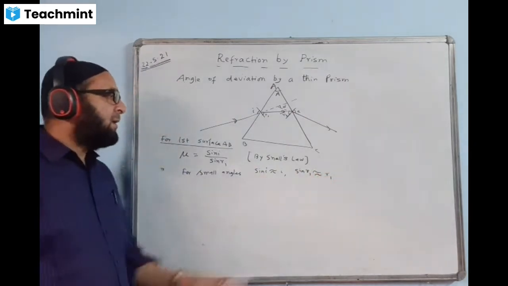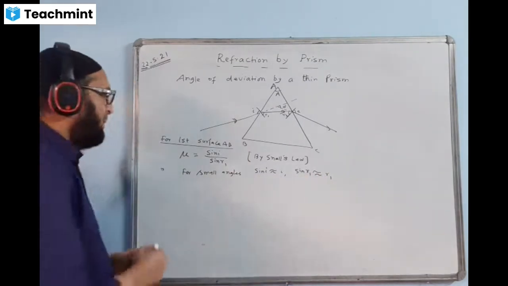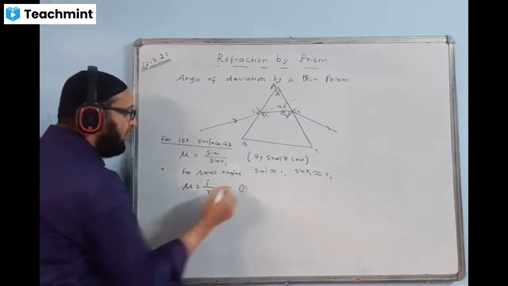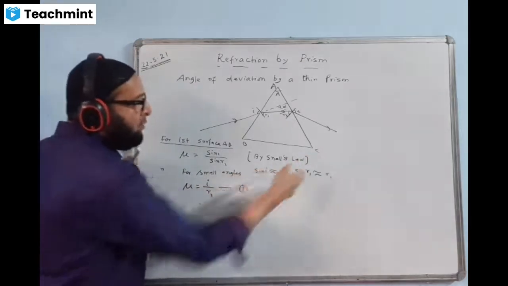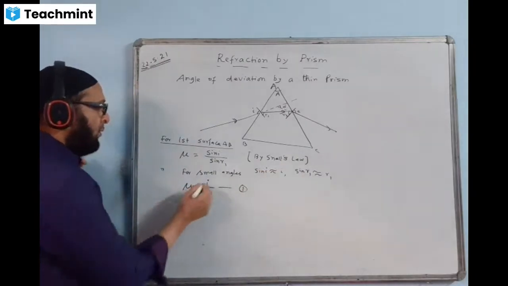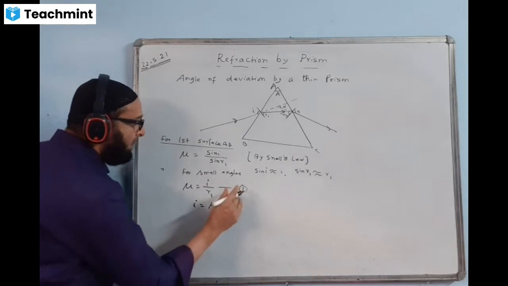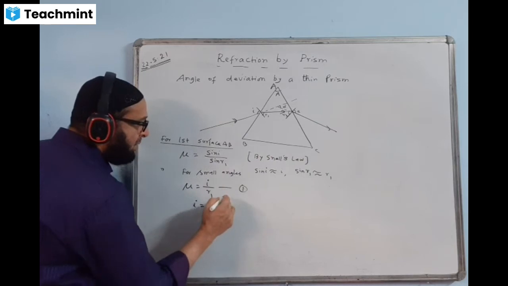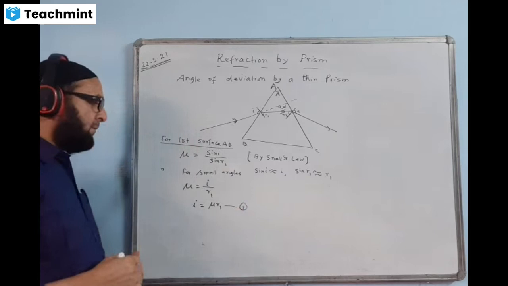So we'll write mu is equal to I by R1, mark equation 1. You can cross multiply and make I the subject of formula. I value will become mu R1. Mark this one as equation 1, not the previous one.